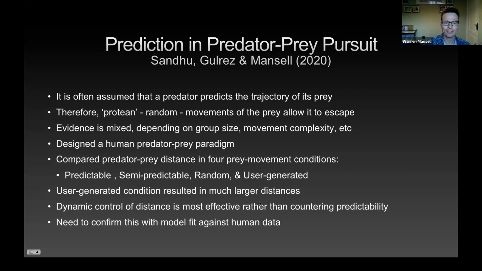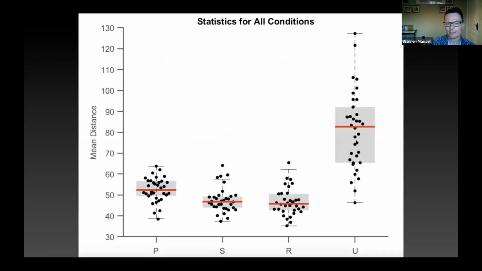What we found is that the user-generated condition led to much larger distances between predator and prey than the predictable, semi-predictable or random conditions. So there was something that human users were doing to escape the predator that was far more successful than random movement.